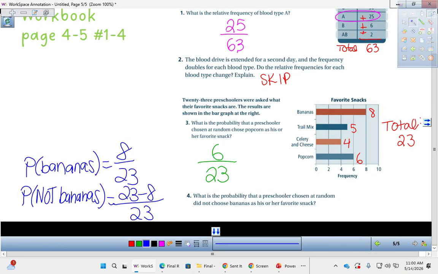So what's that? 15? So 15 out of 23. Another way to do it would just be to add the trail mix plus the celery and cheese plus the popcorn. Just don't put the bananas in that group. You're going to get 15 that way too. That's the idea of complement probability. That's what this Ed Puzzle yesterday said.